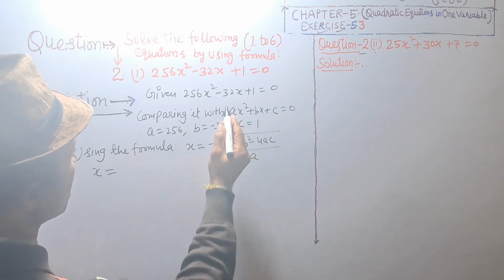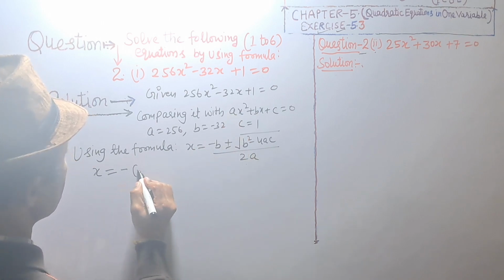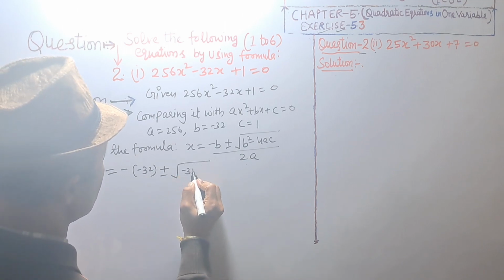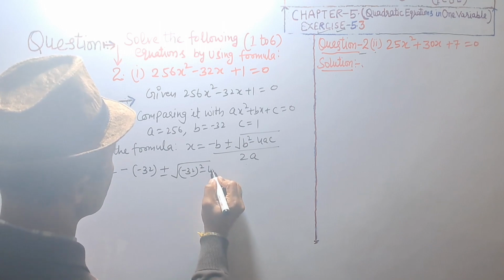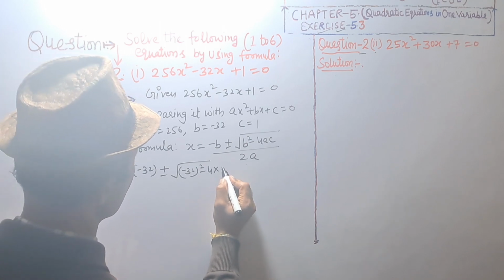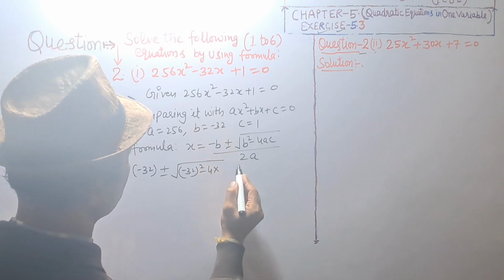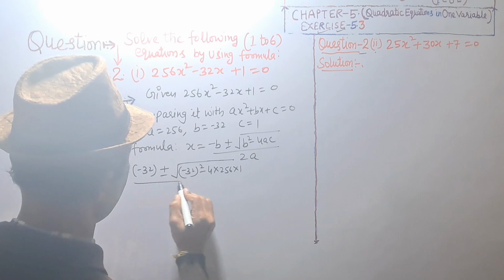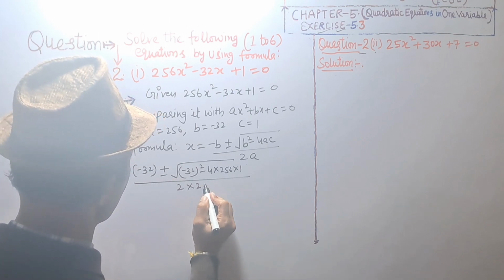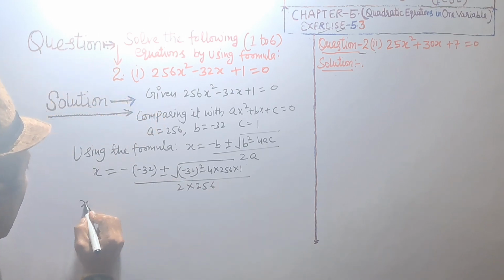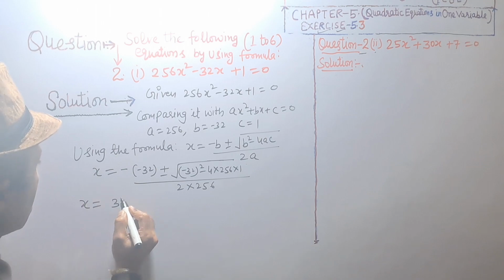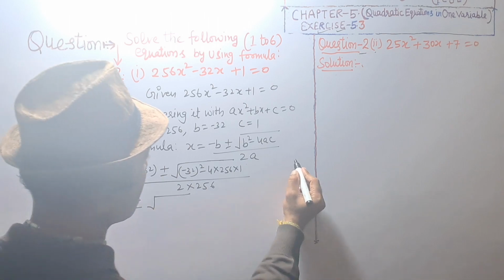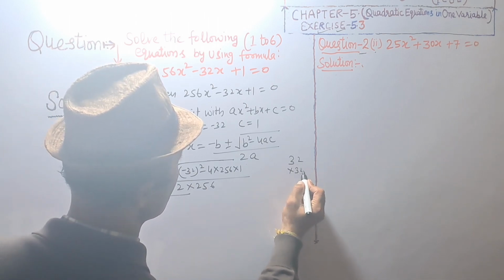X is equal to minus 32 plus minus under root of minus 32 raised to power 2 minus 4 into 256 into 1 divided by 2 into 256. X is equal to minus, that will be positive, plus minus root 32 into 32.